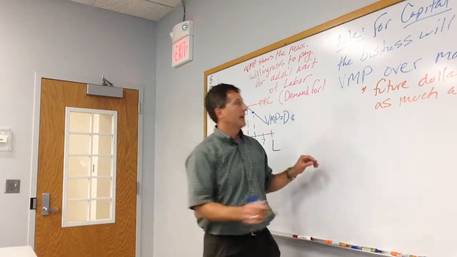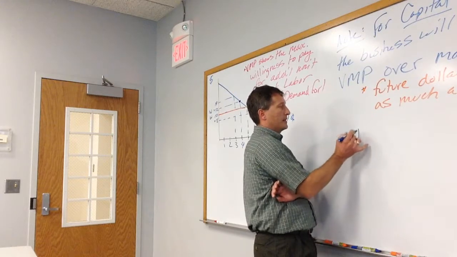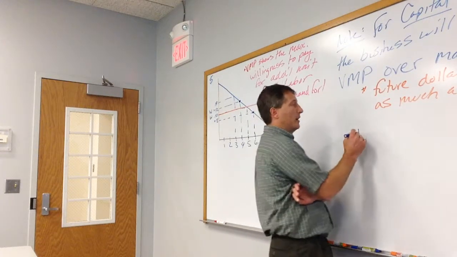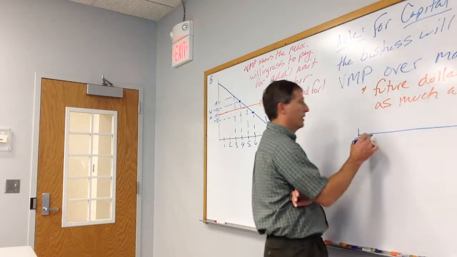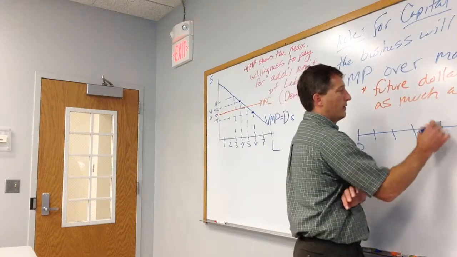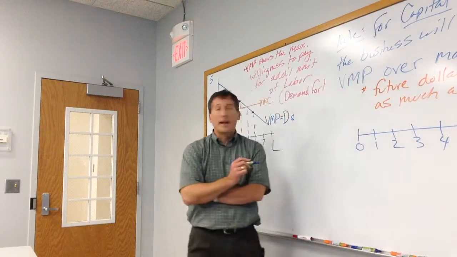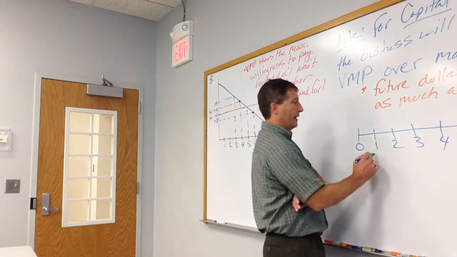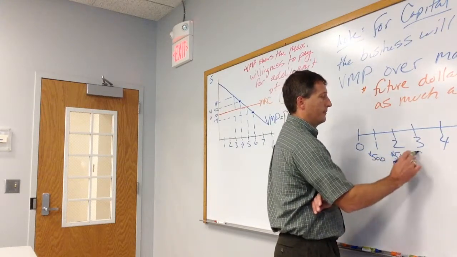So the last little bit I want to leave on this topic is just to make sure we're on the same page. If we think on a timeline of here's today, here's now, and I buy a computer and I expect the computer to last 5 years, so 1, 2, 3, 4, 5, and I've determined that that computer is going to bring in an extra $500 each year.